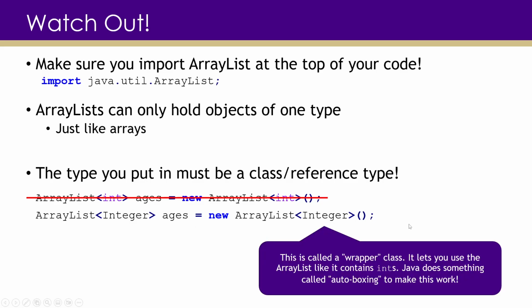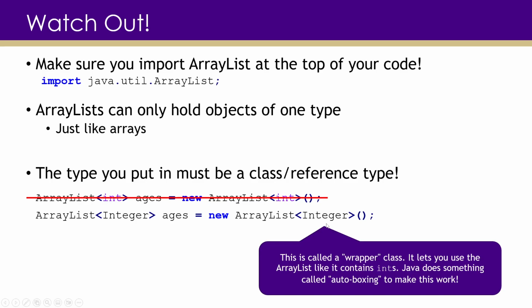This is called a wrapper class. So the book talks a little bit more about this. You don't need to know the super technical details, but this is a class that is basically the same as an int, but it is a class, and so Java likes it. It's a reference type, so we can make an array list containing these. And you just treat it like an int.